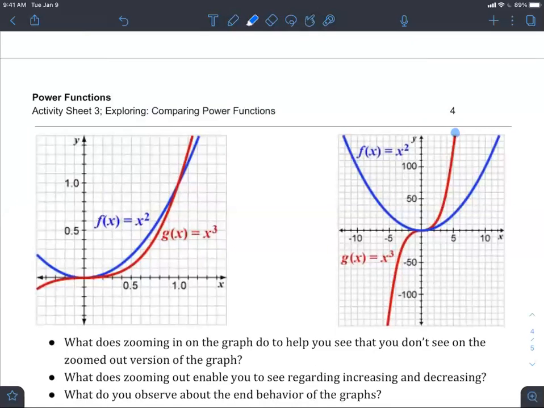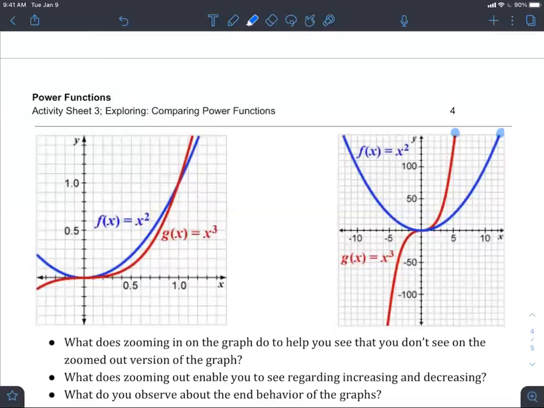The x cubed graph is increasing far more rapidly than the x squared graph because it has an additional factor. And as a result, it's going to be a much faster rate of increase. But overall, it is still increasing, positive end behavior.